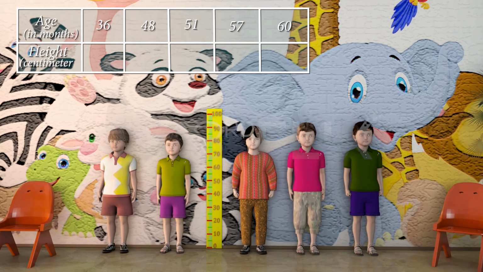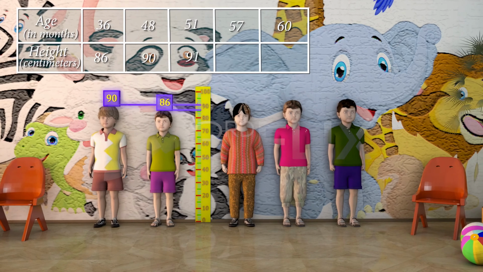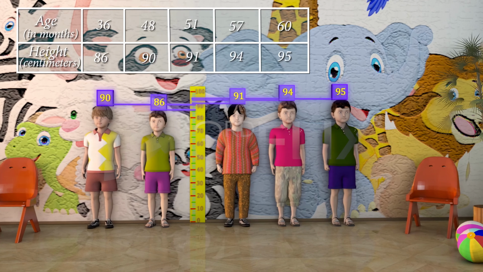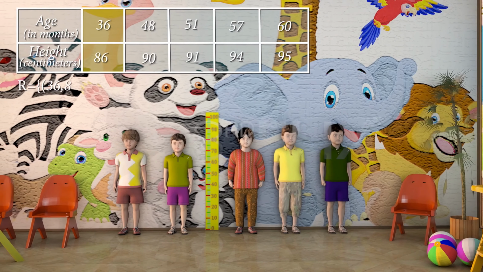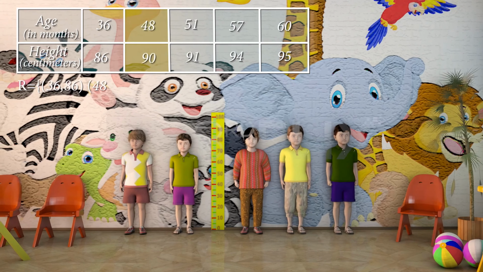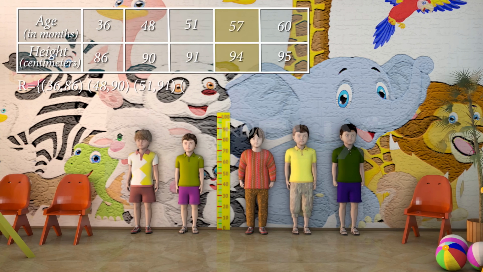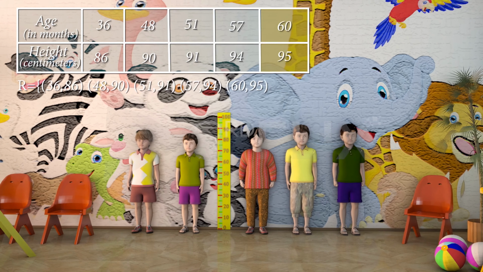Height in centimeters: 86, 90, 91, 94, 95. R equals the set of ordered pairs (36, 86), (48, 90), (51, 91), (57, 94), (60, 95).